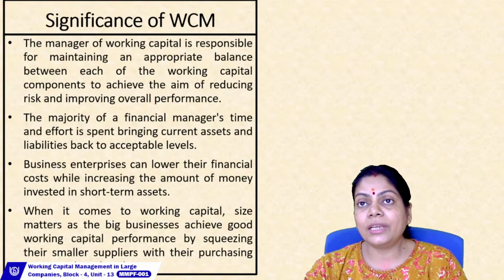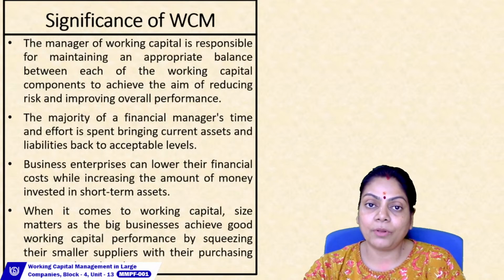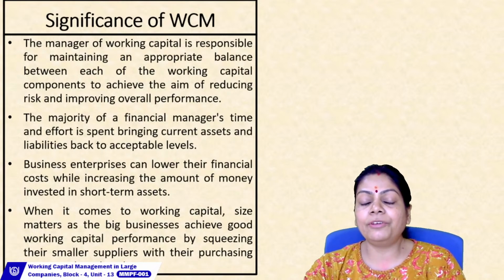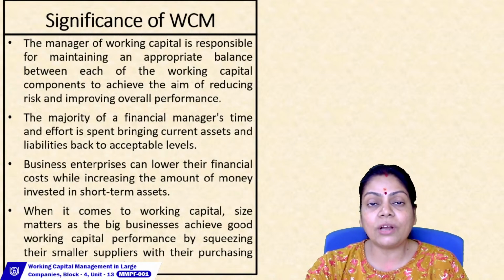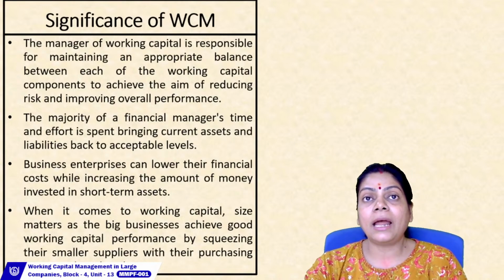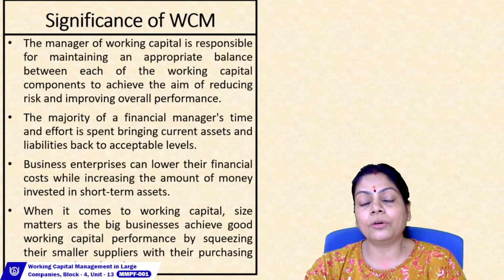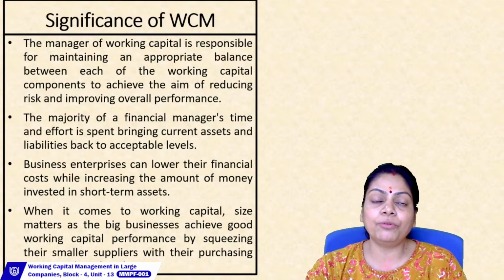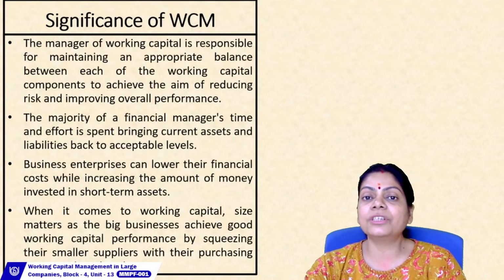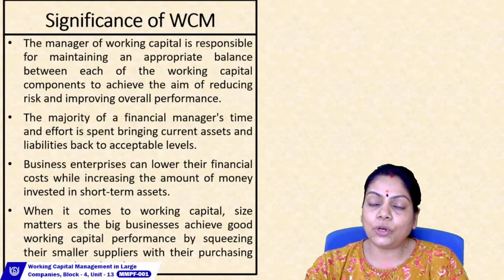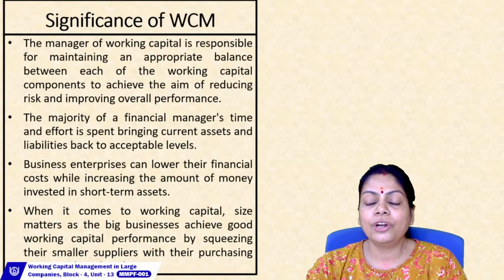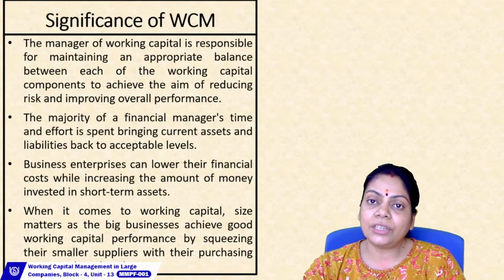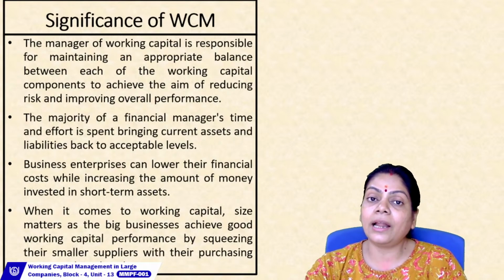Suppose there is an inventory build-up, and the level of inventory that should be maintained for smooth operation of a business is, let us say, 2,500 units, and the firm at any point of time, if you go for a stock taking, is maintaining on average around 6,000 units. So it is the job of the working capital manager to bring this level down to 2,500 units, because 3,500 units are lying idle at any point of time.